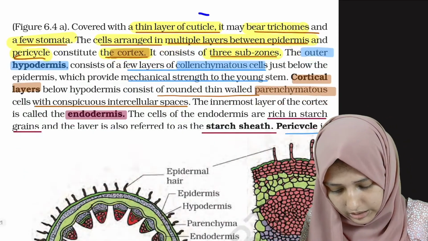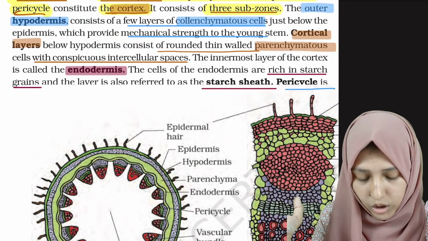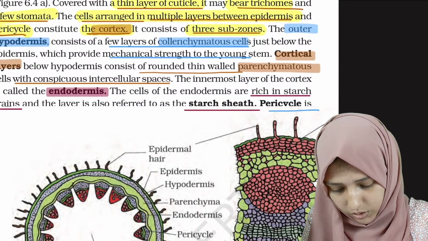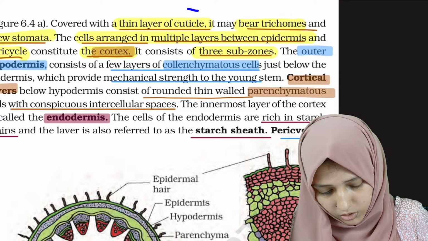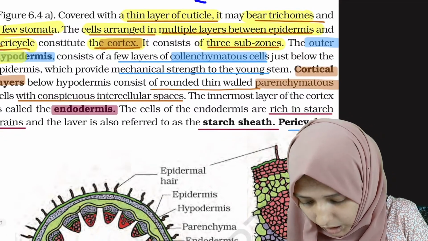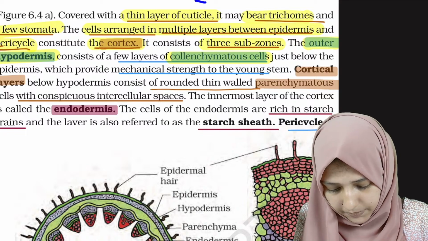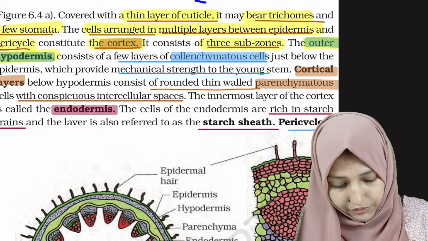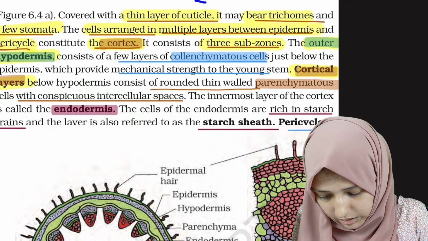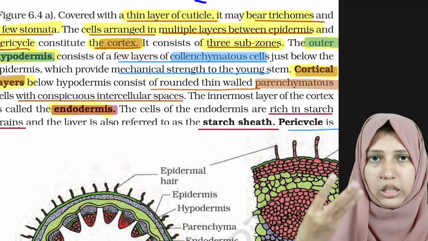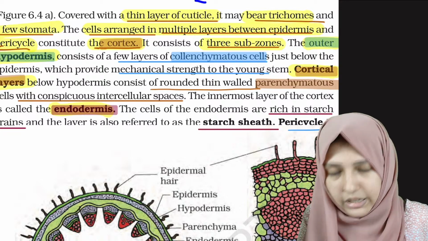Let's first discuss the theory and then see the picture so that it will be clear. The three subzones are outer hypodermis, then middle cortical layers, and inner endodermis.